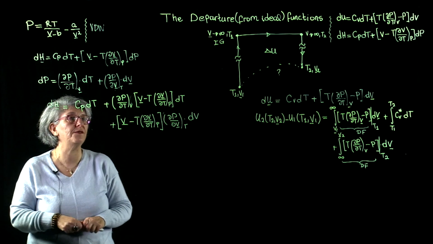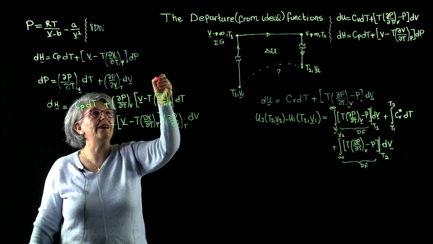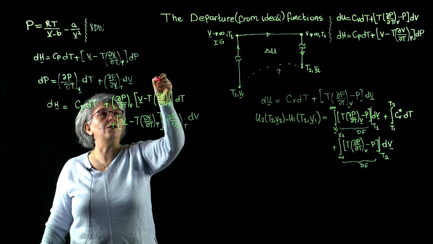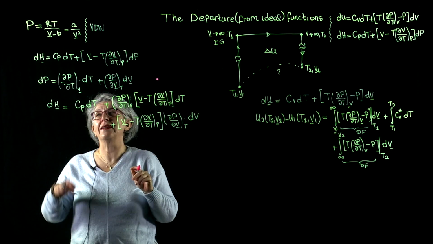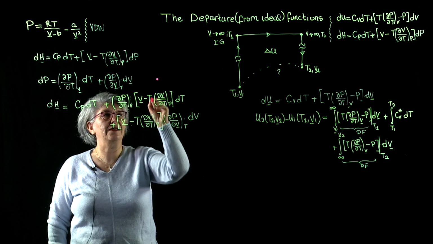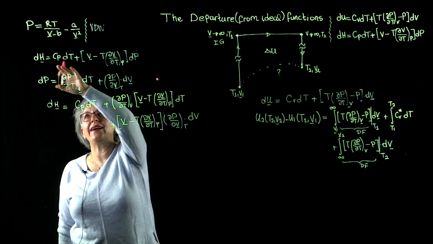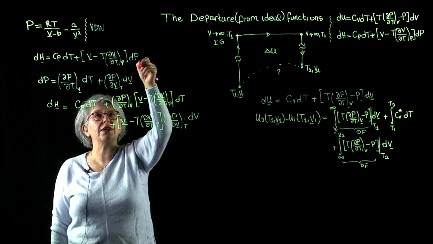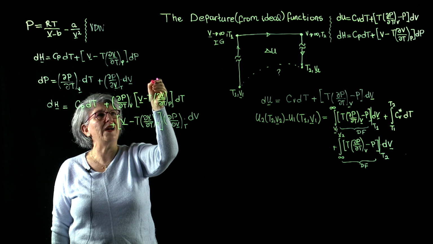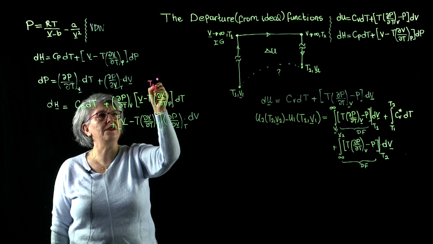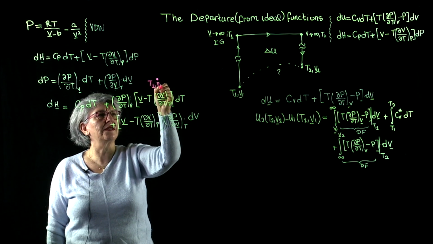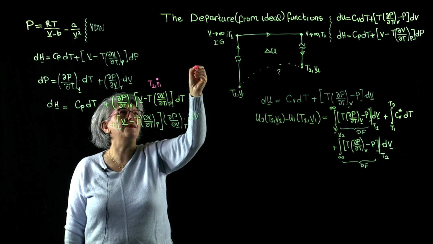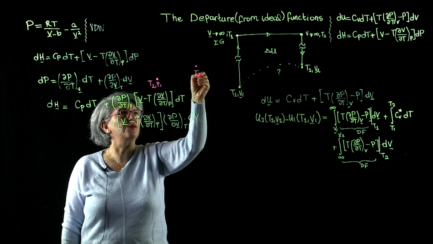So let me use a different color to devise a new path for my enthalpy change. Now my enthalpy in this form was a function of temperature and pressure. So my path is going to start from T1, P1, and it will end up at T2, P2.